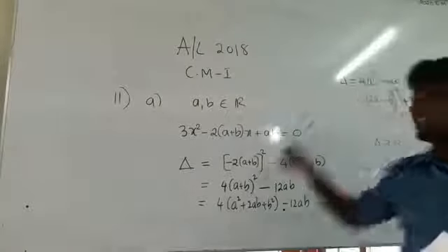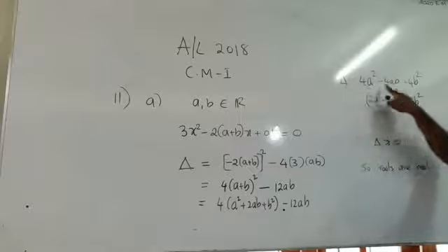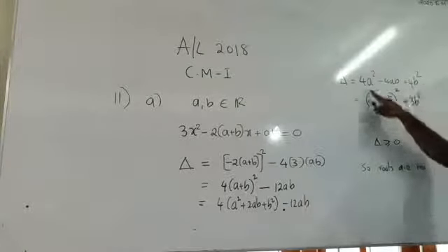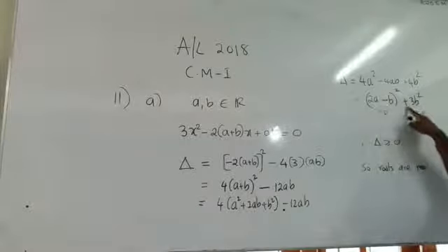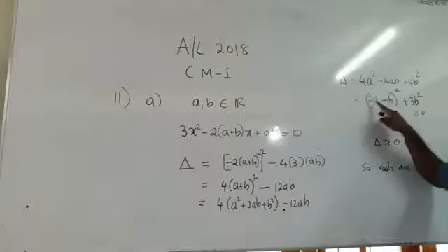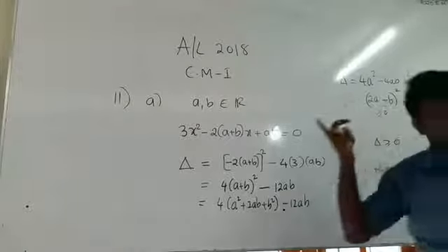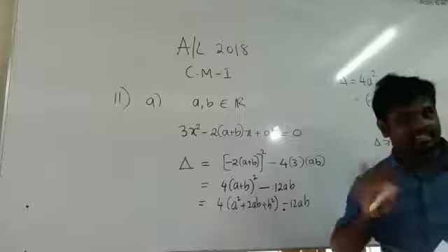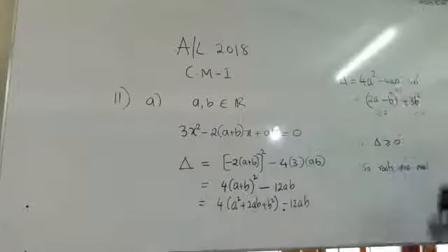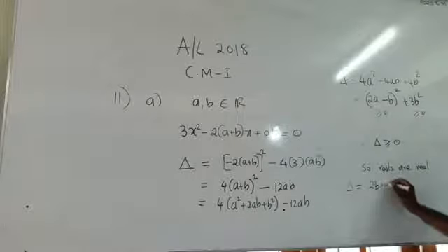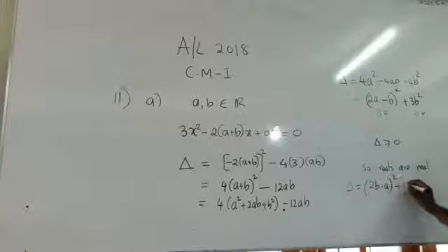So you can treat this as (2a minus b) whole squared plus 3b squared, and at the same time as (2b minus a) whole squared plus 3a squared. That is also acceptable.